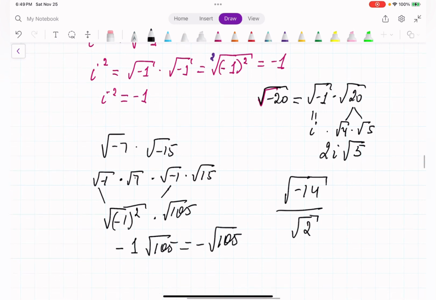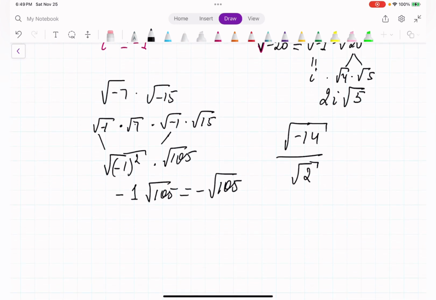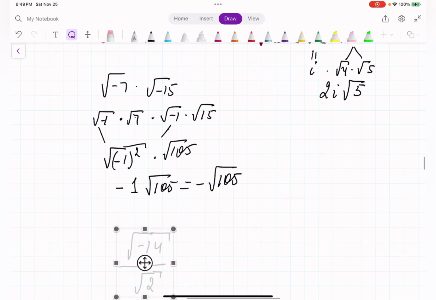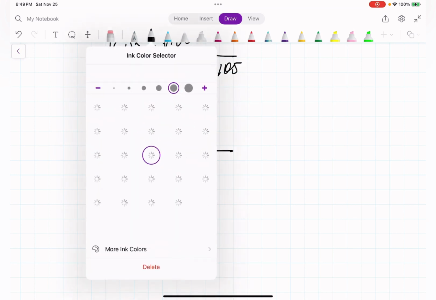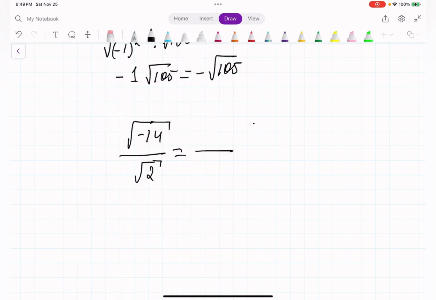We cannot have a square root in the denominator. And this is what we're going to do. I'm going to write down square root of negative 1 times square root 14. Here is square root 2.